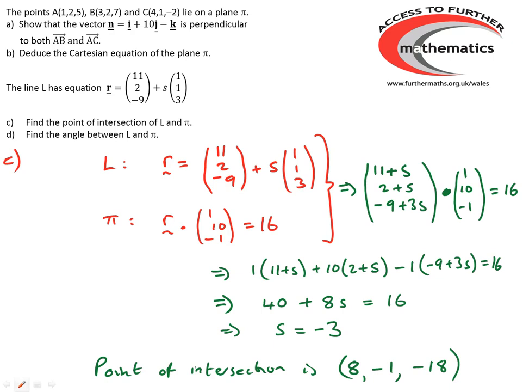The y coordinate is 2 plus s, so that's 2 plus -3, which is -1. And the z coordinate is -9 plus 3s, so that's -9 plus -3 times 3, so that's -9 plus another -9, which is -18 for the z coordinate.